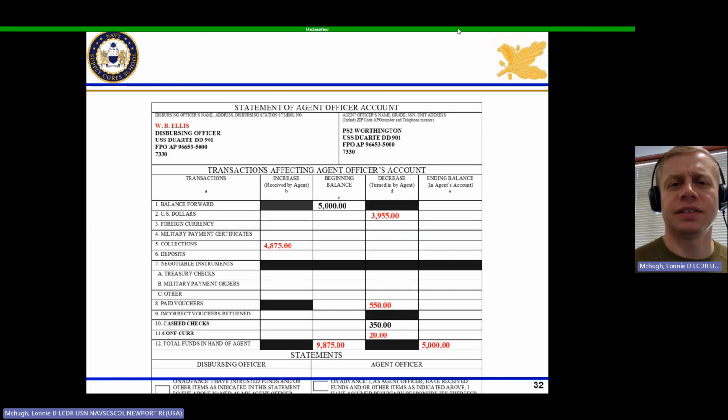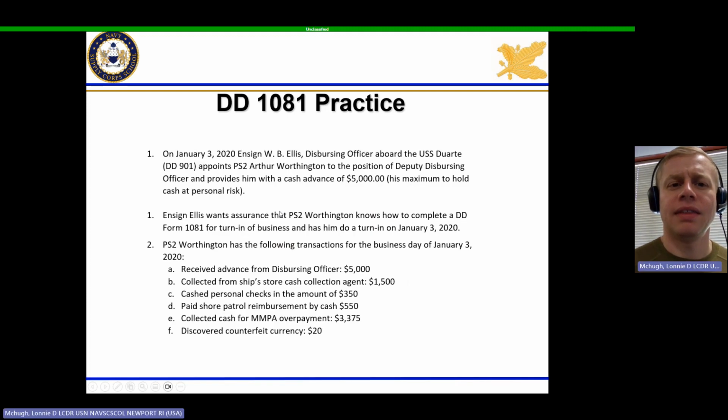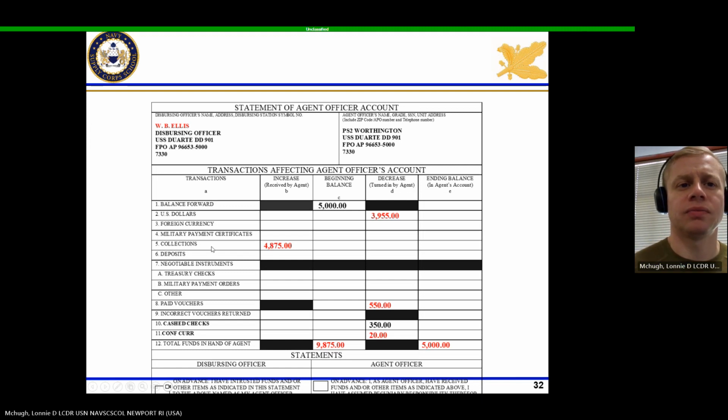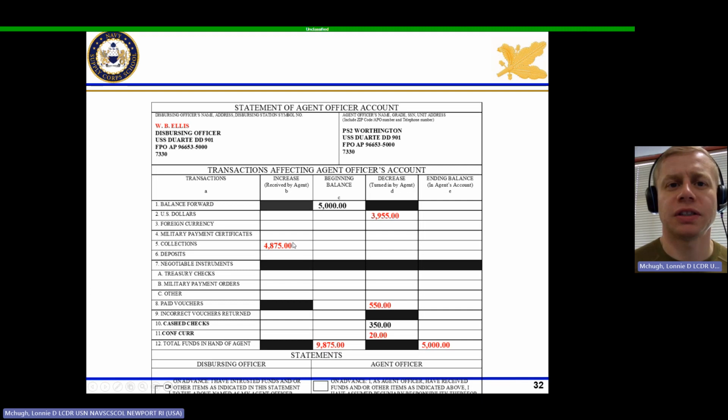And so we'll see this down here on this example, one Charlie. And then we collected from ship store cash collection agent. This is what happened on the agent's accountability. So collections will go up $1,500. And that is our 5 Bravo. We have multiple transactions here, so you'll see it says 4,875, but we're going to add that to some other transactions.